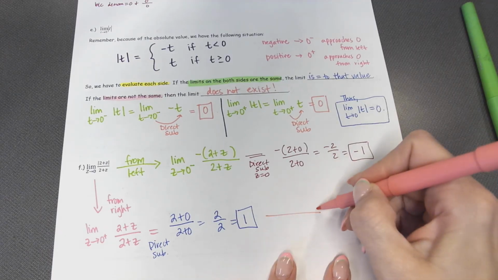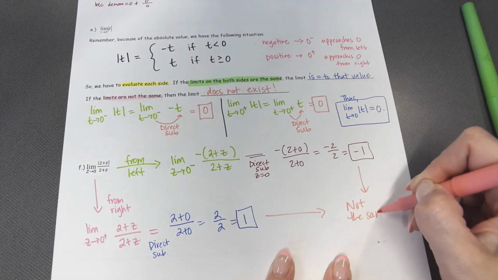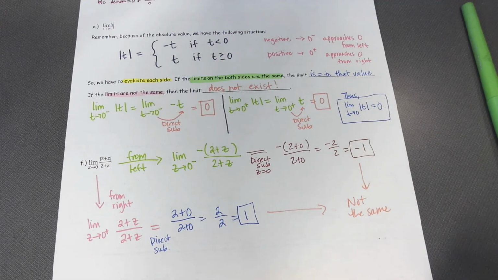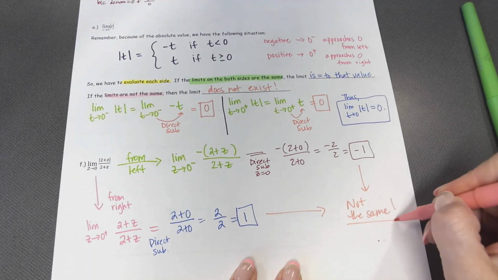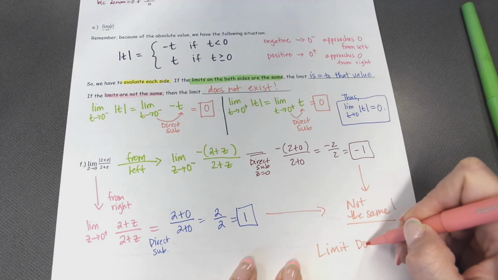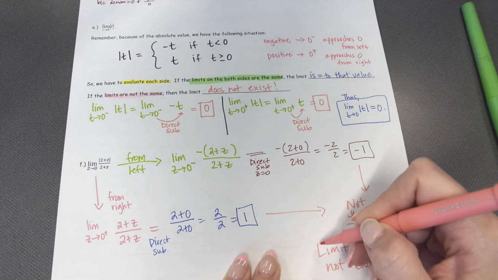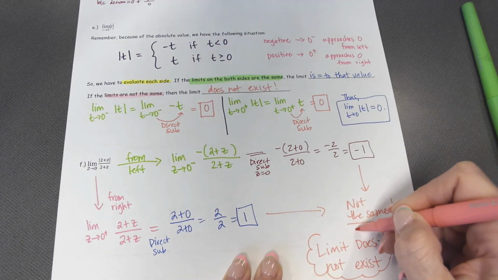Does not exist. So if these are not the same, then your solution is limit does not exist. If they are the same, it would be that number.